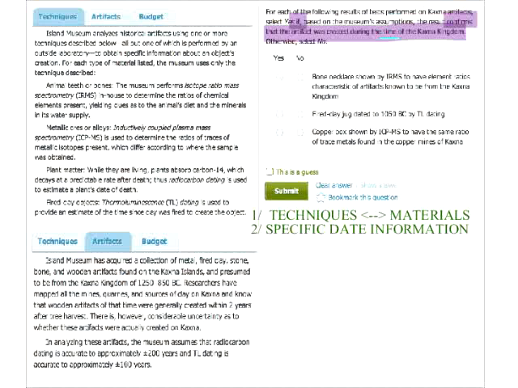So that's time. That means we need specific date information. So this is what we want. Then we need to get from techniques to that information. So this is the date we want.